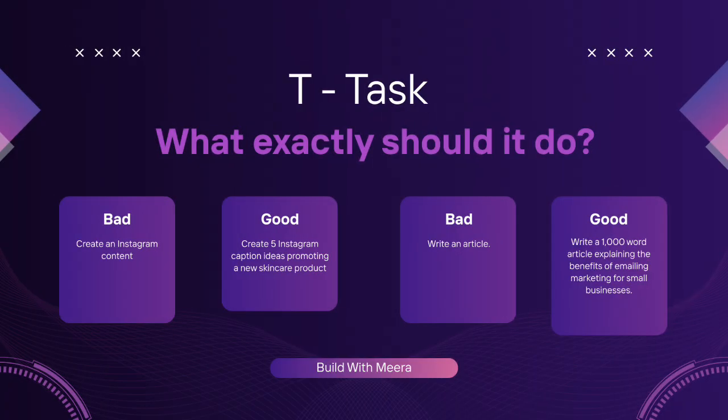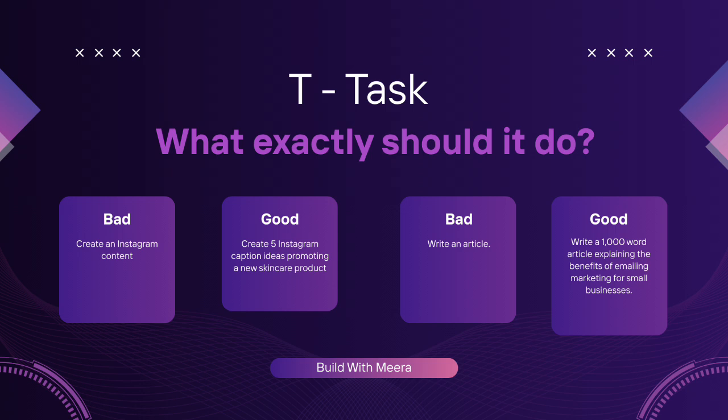Now that we understand the role, let's move on to task. This is where most prompts fall apart because the task was not specific enough. Task simply explains exactly what the AI should produce. So basically, it tells the AI what it should do in the role you have assigned.